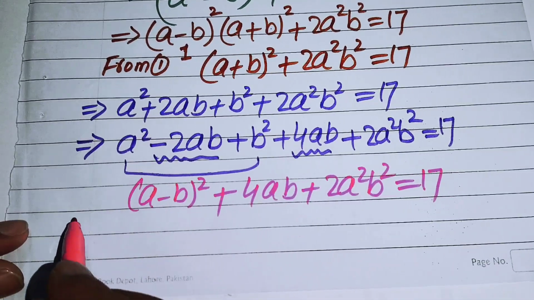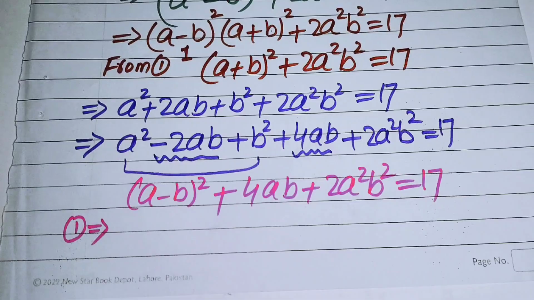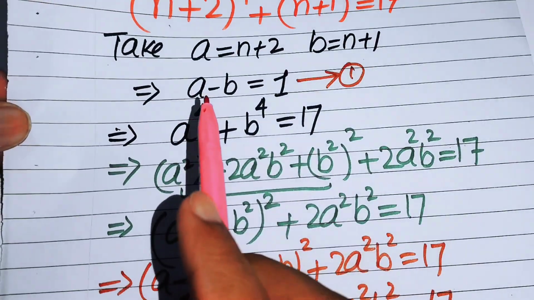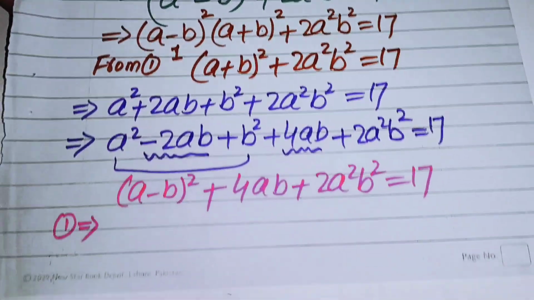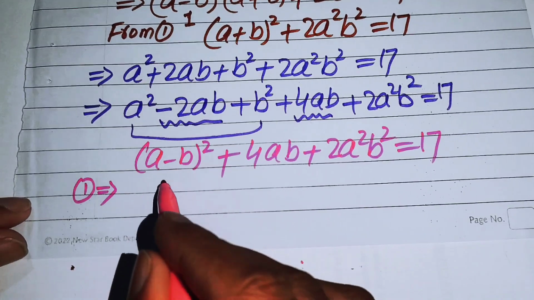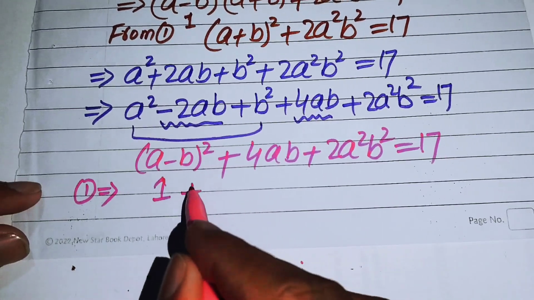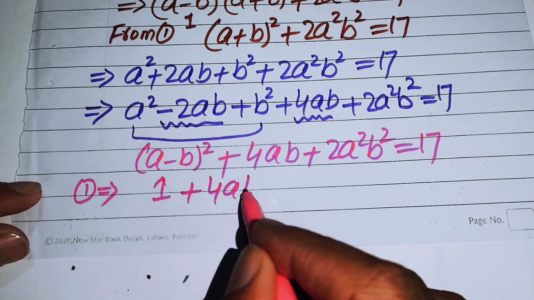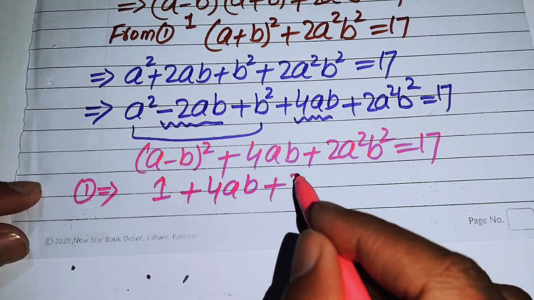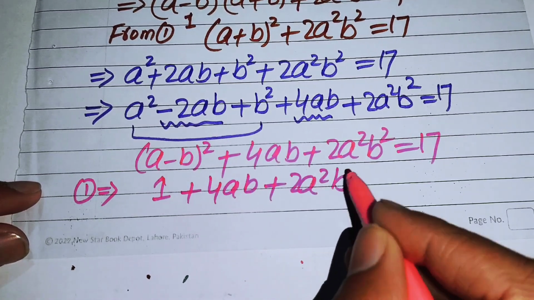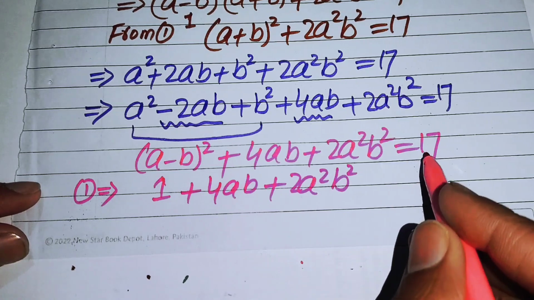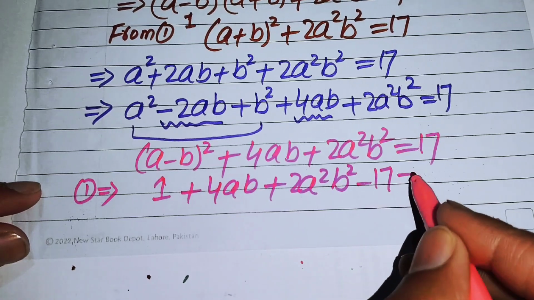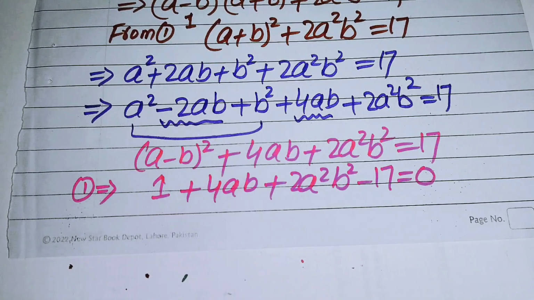And now again we use equation number 1, in which a - b = 1, so this term equals 1, and you get 1 + 4ab + 2a^2 b^2, and we move this 17 to the left hand side, and it is minus 17 equals 0.